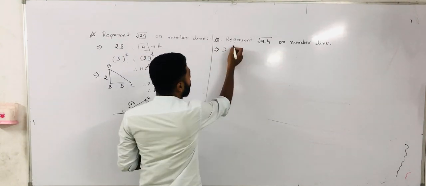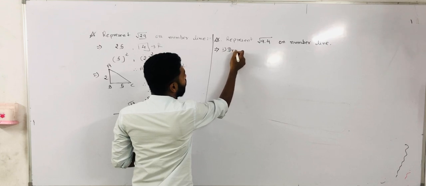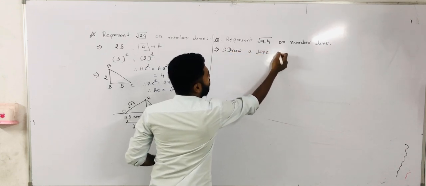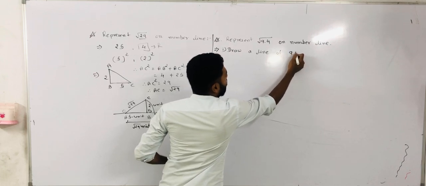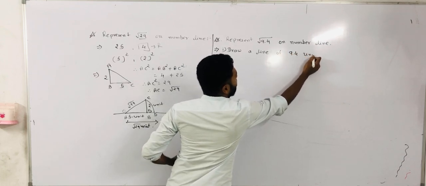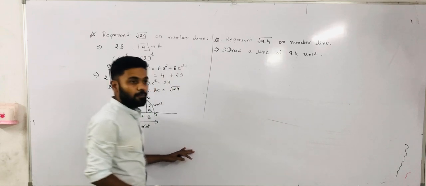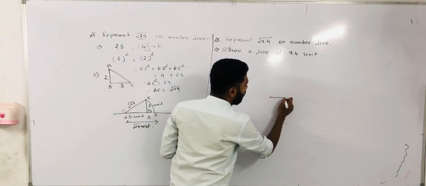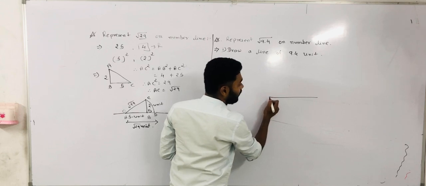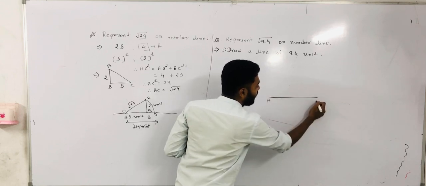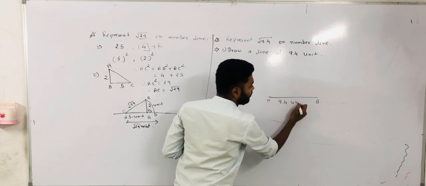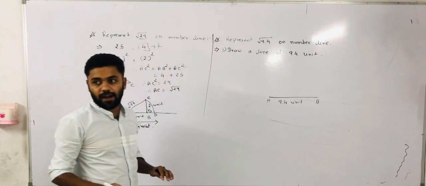The first step is to draw a line of 9.4 unit on the number line.